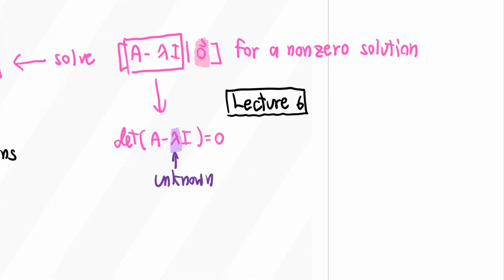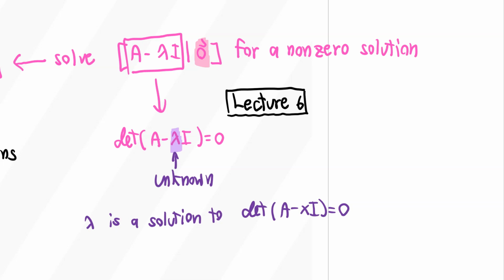So what I would like to do in the end is find the value of lambda that makes this determinant 0. In other words, my lambda, the eigenvalue, is going to be a solution to this equation, the determinant of A minus lambda I has to equal 0.